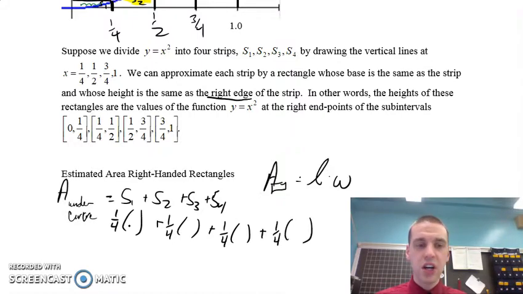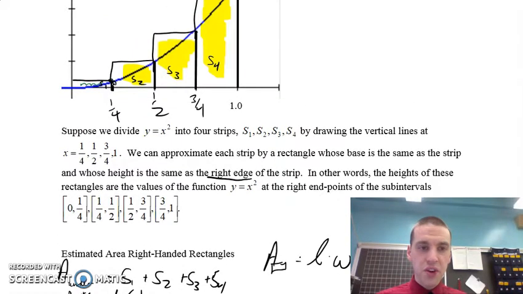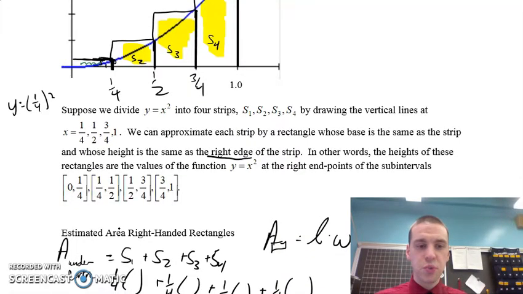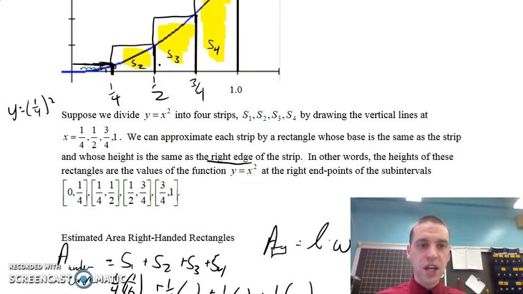Now, how do you find the height? Well, the height is the right edge value on that curve. So to find the first height, you look at y equals 1/4 squared, which we know is 1/16. So we can put 1/16 in here. Plus, what happens at 1/2?